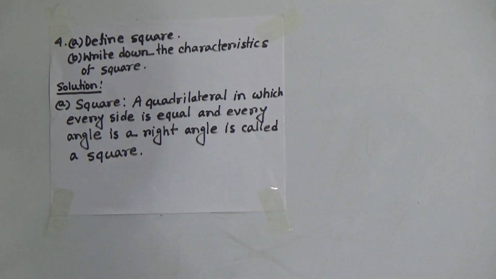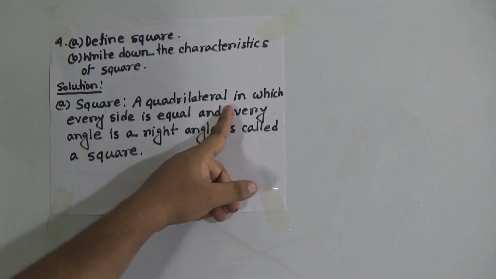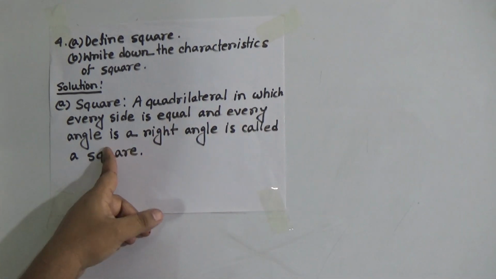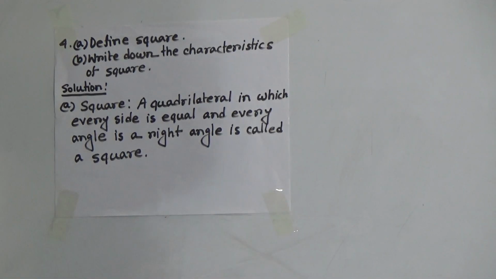It's just like the definition of a rectangle, but in a rectangle opposite sides are equal only, whereas in a square all sides are equal. So a quadrilateral in which every side is equal and every angle is a right angle is called a square.